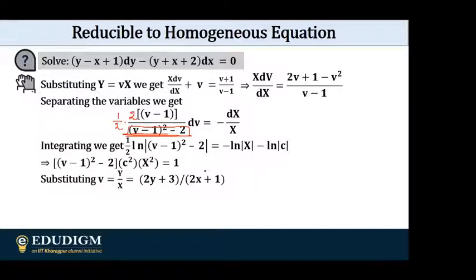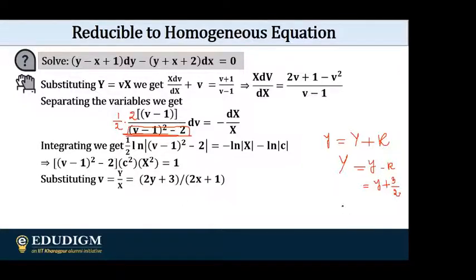Y equals y plus k, so capital Y will be y minus k. Here k was minus 3 by 2, so this will be y plus 3 by 2. This is what I'm going to put here.